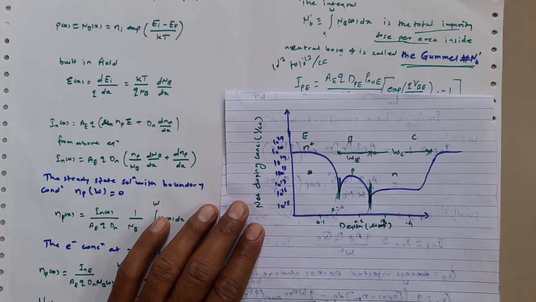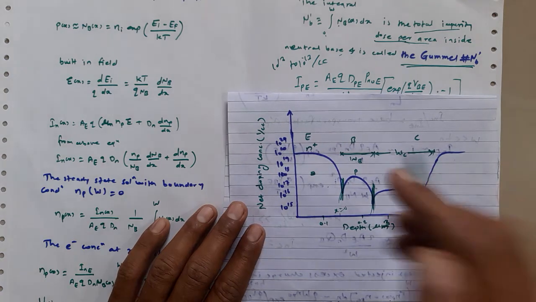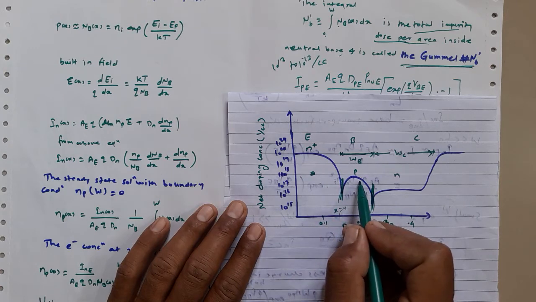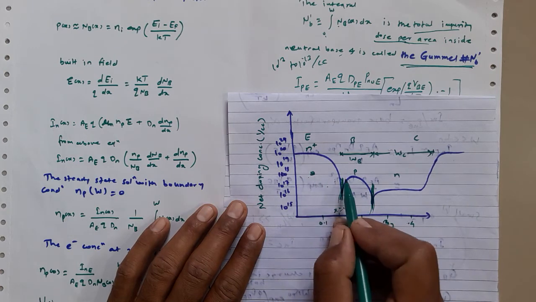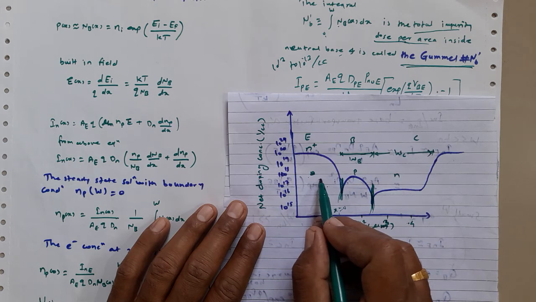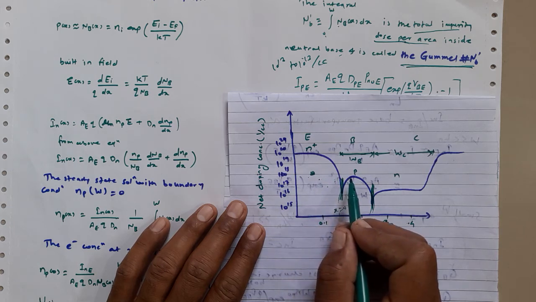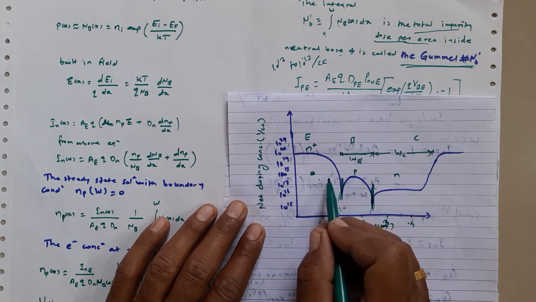In addition, consider the hole diffusion current injected from the base into the emitter. When the electron is going from emitter to base, the hole will try to move from base to emitter. The hole diffusion current injected from the base into the emitter is the main component of the base current.